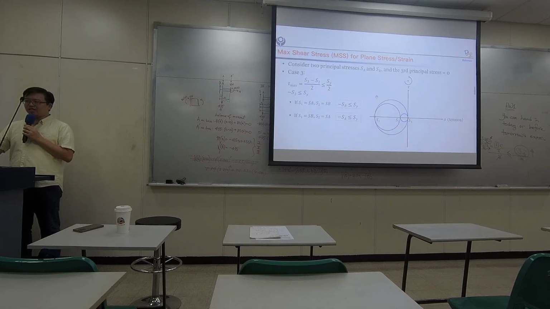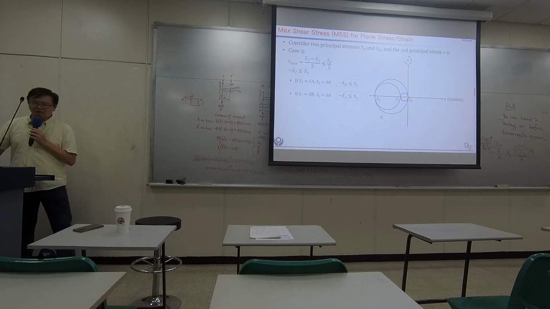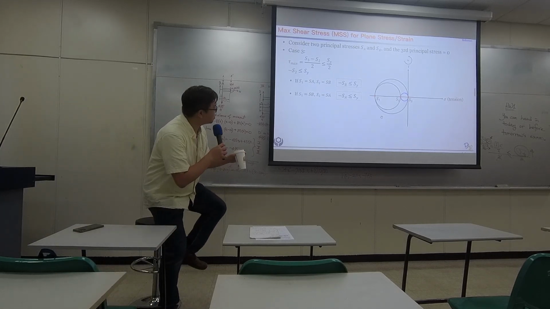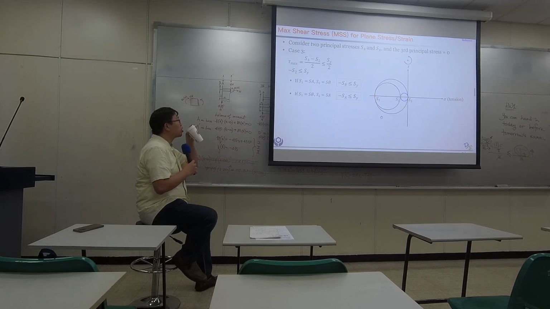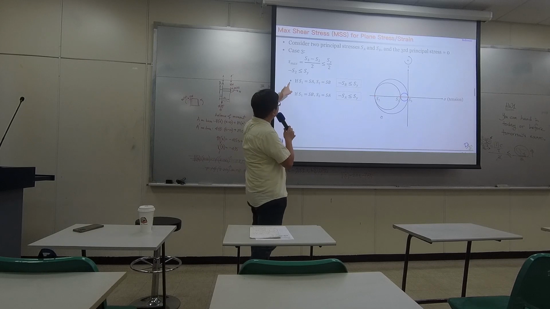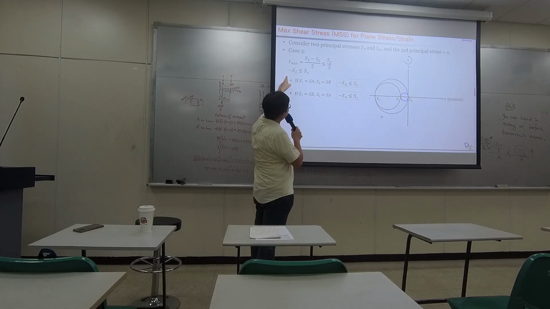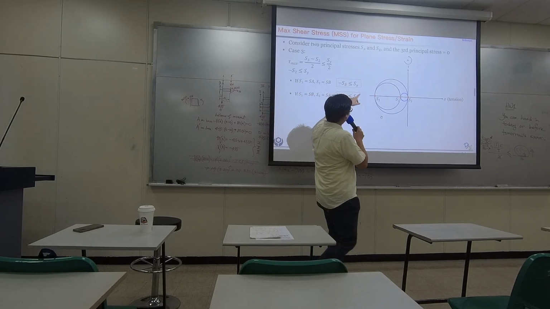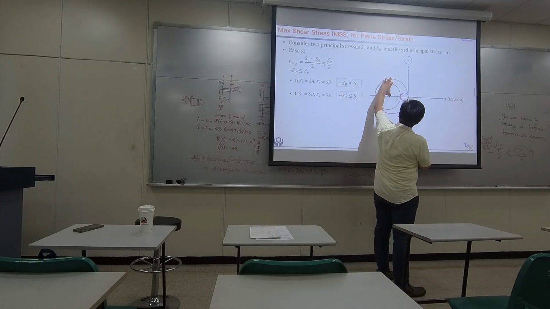The third one comes with both of your S1 and S2 negative. In this particular case, the design equation becomes negative S2 must be smaller than Sy. Because your maximum shear stress is right here.